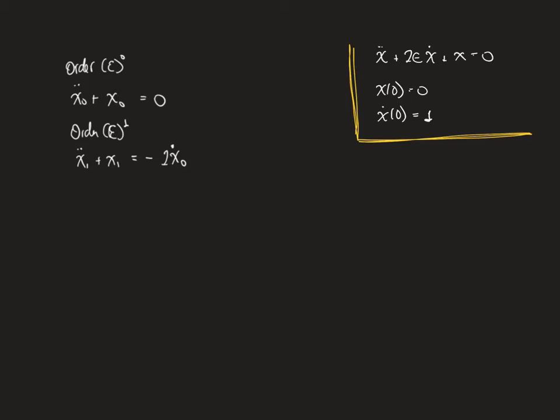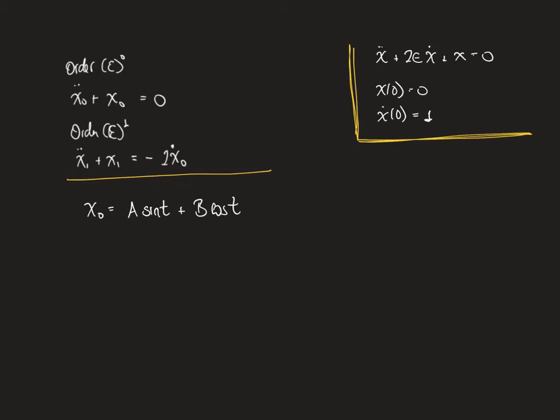Okay, so we have the problem of interest, and these are the equations we have to solve. This has an analytical solution. This is an oscillator that is non-damped, so non-damped oscillator, and we can have the solution in this form: a sinus of t plus b cosinus of t.